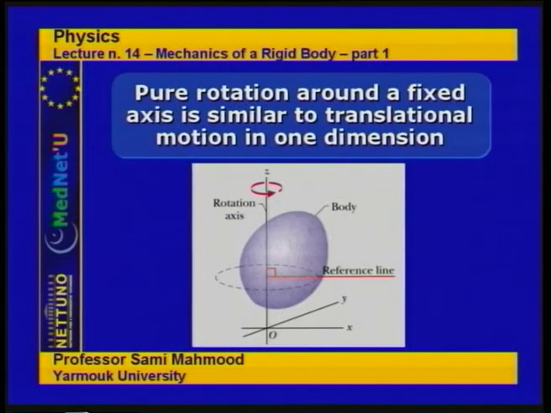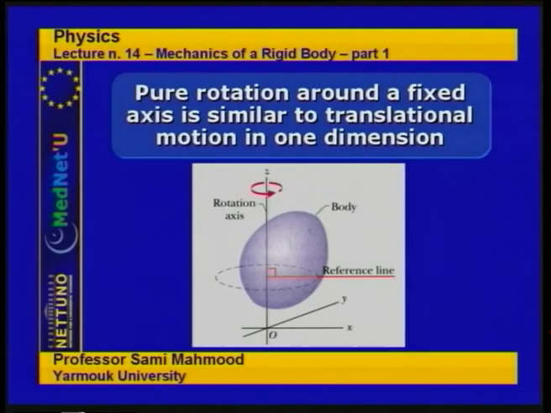And in order to determine the position of the object as time goes, as it rotates, we draw a reference line that is attached to the body, which is this red line, and we measure the orientation of this reference line with respect to the x-axis. So the angle that this reference line makes relative to the x-axis would be the angular position of this body.